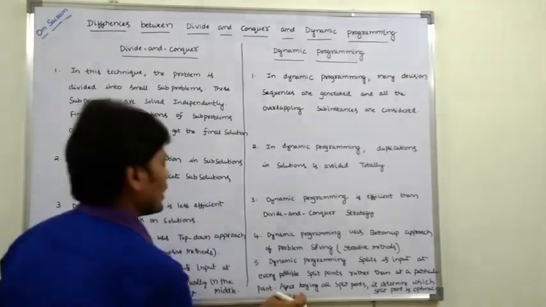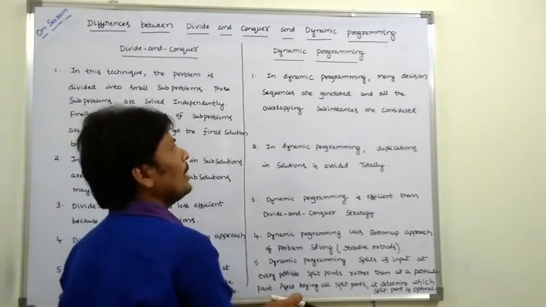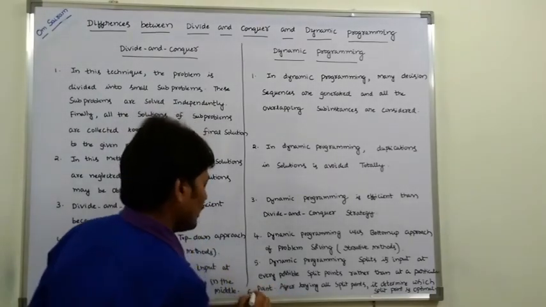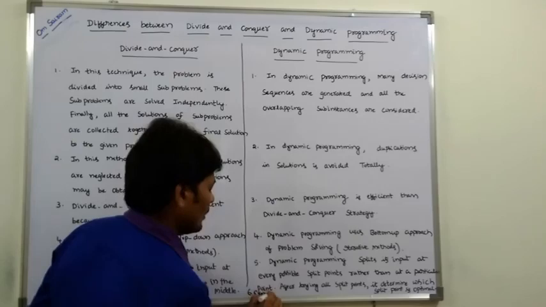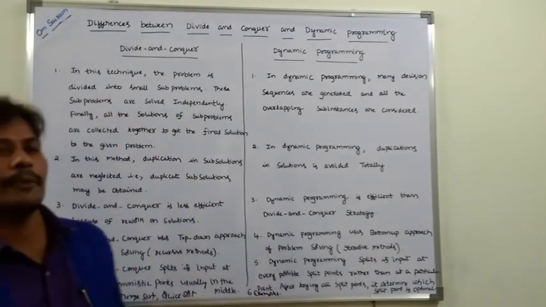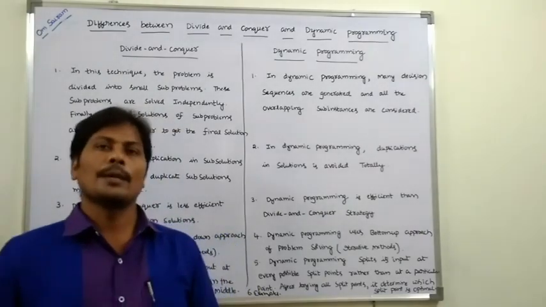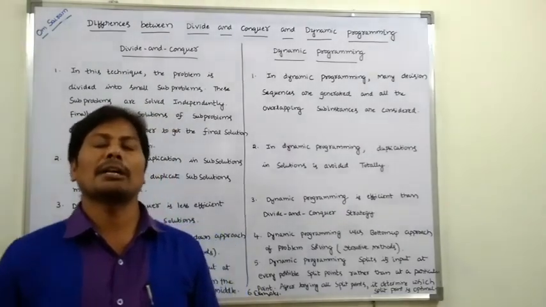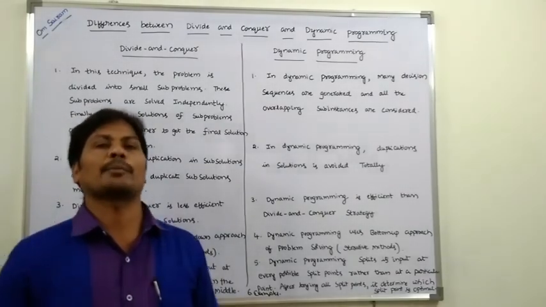What are the examples for dynamic programming? 0/1 knapsack problem, traveling salesperson problem, all pairs shortest path problem, and OBST. These are the examples for dynamic programming. So these are the main differences between the divide and conquer method and dynamic programming.